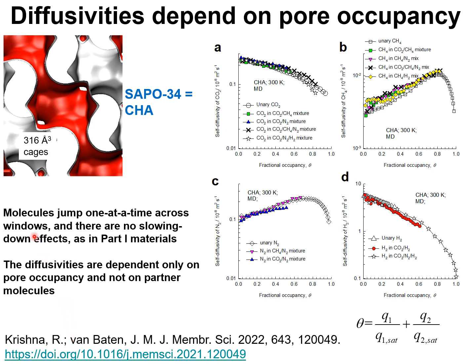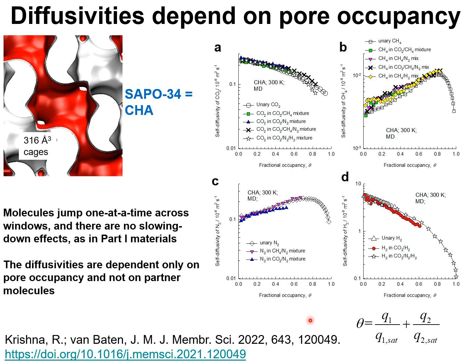An important factor is that the molecules jump one at a time across the windows, and there are no slowing-down effects as shown in materials such as MFI, magnesium MOF-74, faujasite, MIL-125, etc. So the diffusivities are dependent only on pore occupancy and not on partner molecules.